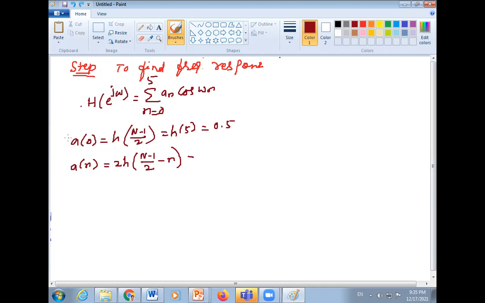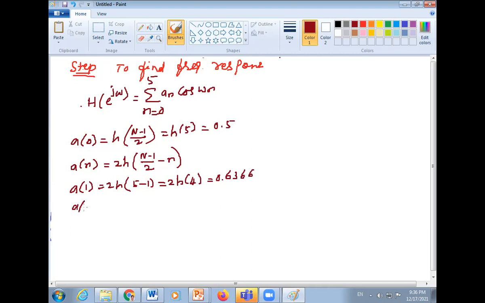or we calculate the values separately. a of 1 can be written as 2h of 5 minus 1, which is simply 2 into h of 4. The value of h of 4 is 0.6366.